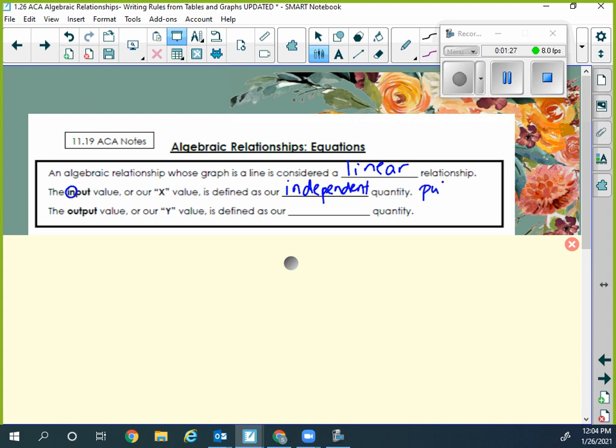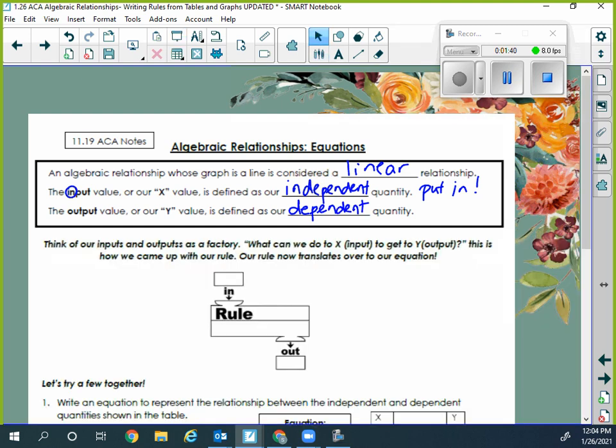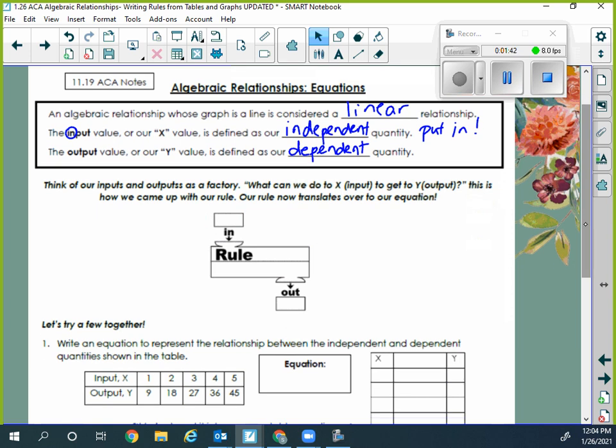It's what we put in. Versus the output, or our y value, is defined as our dependent quantity. Okay? It says, think of our inputs and outputs as a factory. What can we do to the x to get the y?